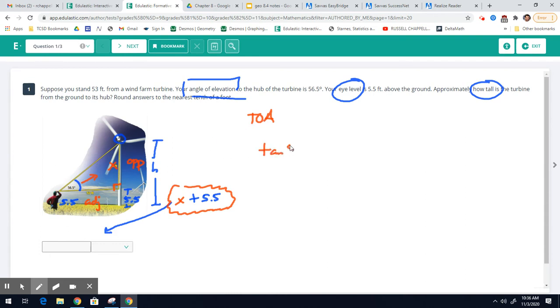Tangent of 56.5 degrees equals opposite X over adjacent 53. To get the 53 out of the denominator, we're going to multiply it on both sides. So 53 tangent of 56.5 is going to be our X. I'm going to multiply this out in Desmos graphing calculator, and then we're going to add 5.5 in the end.